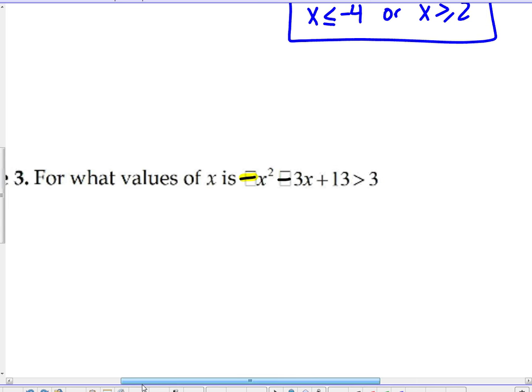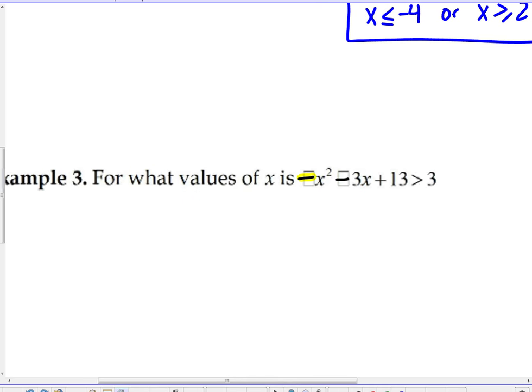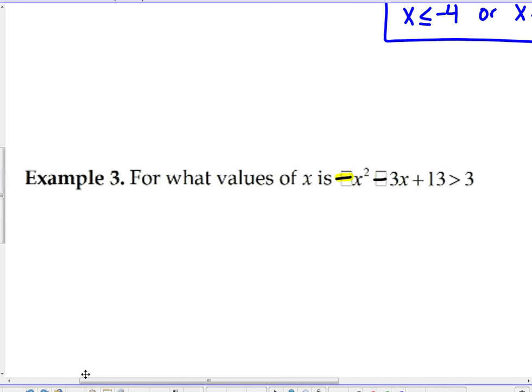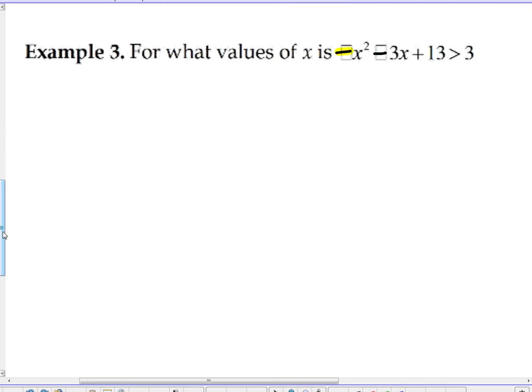Now you can leave the negative, or you can put everything on the other side. It's your call. Remember, we bring everything to one side.